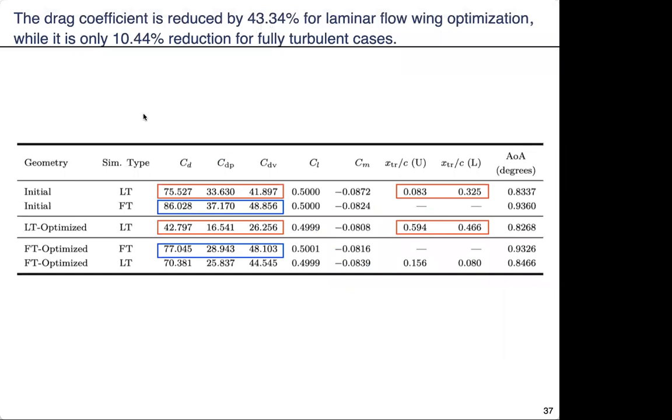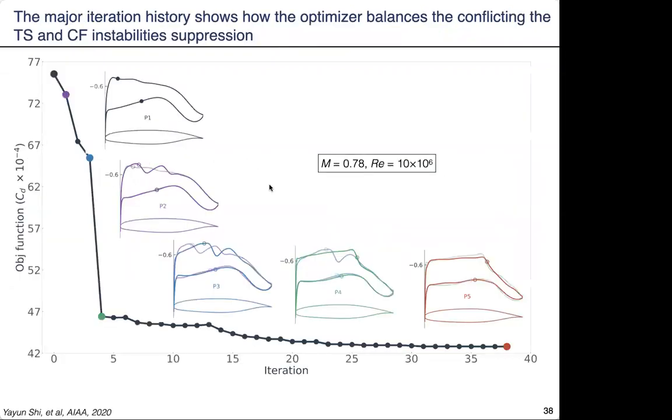43.34%. For the fully turbulent, it is only 10.44%. The coefficient results comparisons are similar to the two-dimensional cases. Here we also show the major iteration history and the intermediate results comparison.